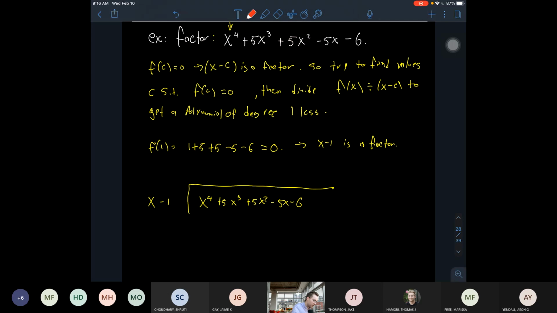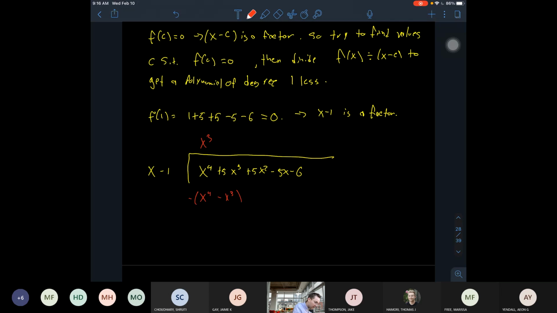So what do we get? This is going to be an x cubed. We'll get minus x to the 4th minus x cubed. So these cancel and we add x cubed, so we get 6x cubed plus 5x squared minus 5x minus 6.